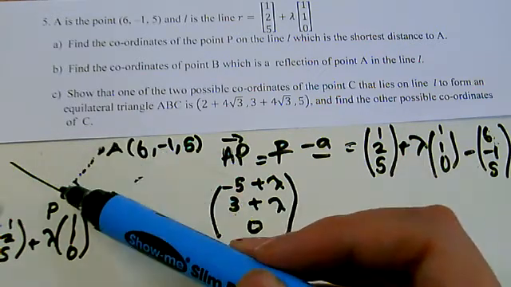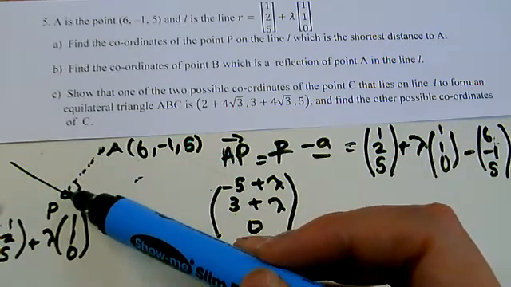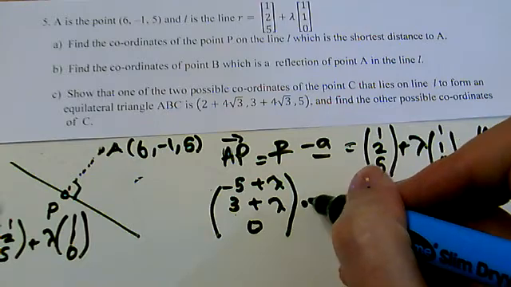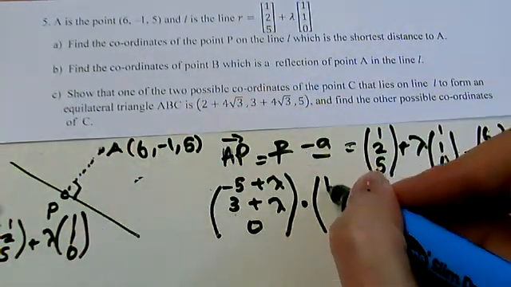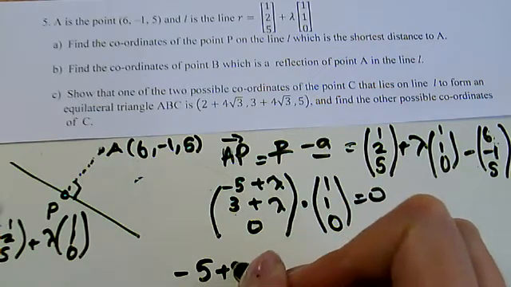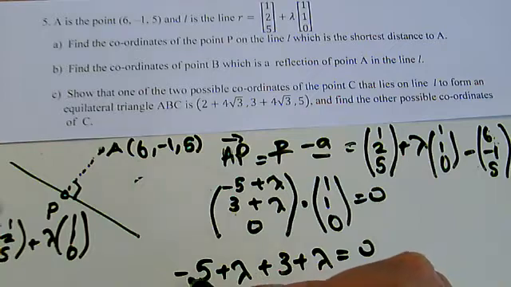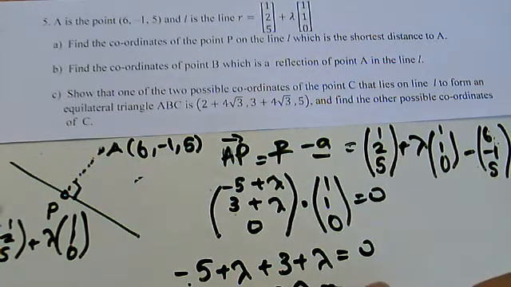this vector here joining A to P, and then if they're perpendicular, then when I dot that with the vector direction of the line, 1, 1, 0, I should get 0. So if we do that, we've got minus 5 plus lambda plus 3 plus lambda equals 0. So minus 5 plus 3 is minus 2 plus 2 lambda, equals 0.